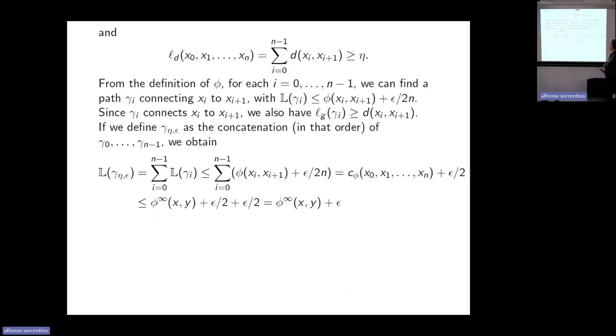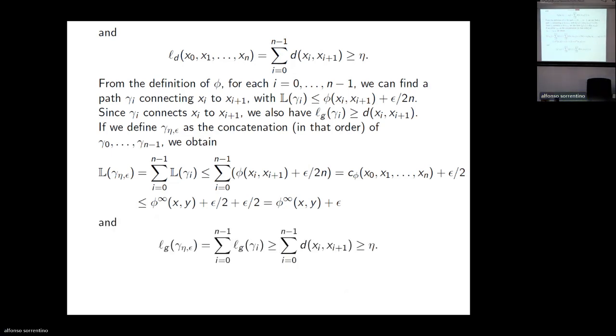And this is less than the cost of the chain x0, x1, ..., xn plus epsilon over 2. Okay, so we get that the action of the path gamma eta epsilon modified by c0 is less than phi infinity of xy plus epsilon.